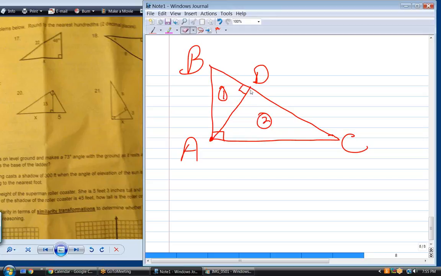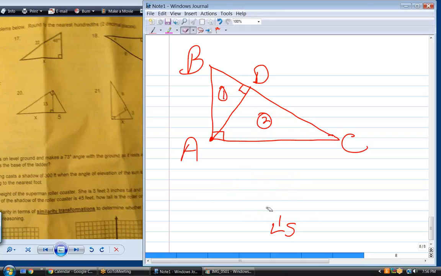When I say short side, in every right triangle it's one of the two acute sides. It's never the hypotenuse. That's always the hypotenuse, that's the short side, and that's the long side. Unless it is a perfect isosceles right triangle. If this side is the same as that side, that's the only time there's not a short side and a long side.